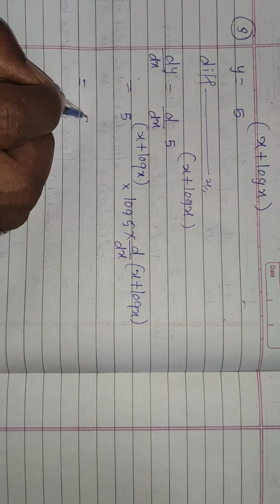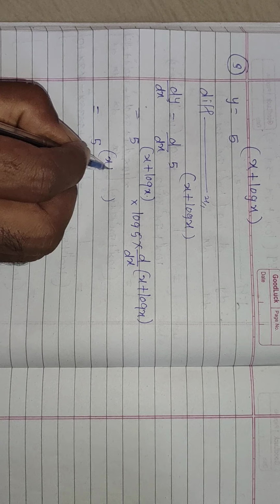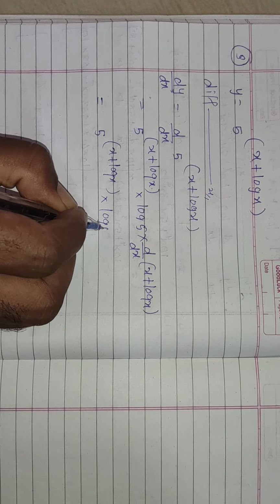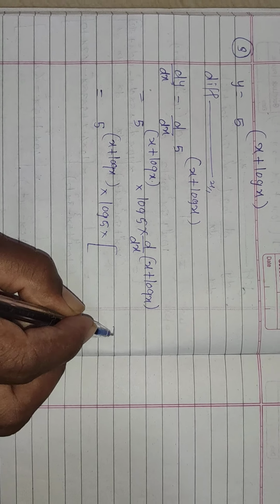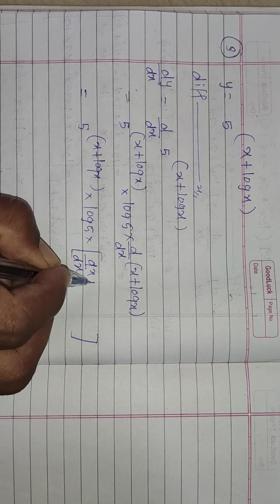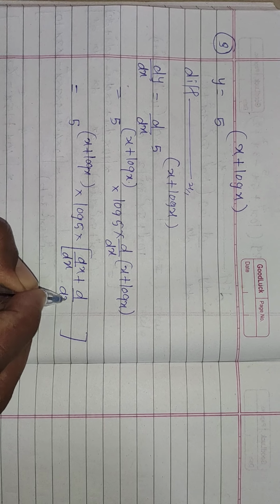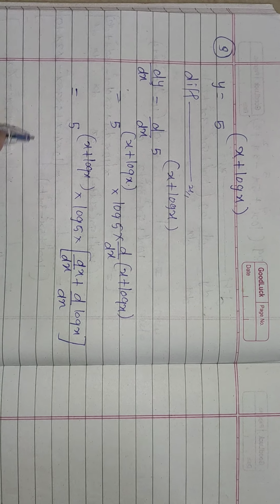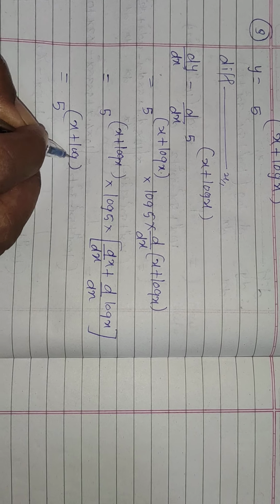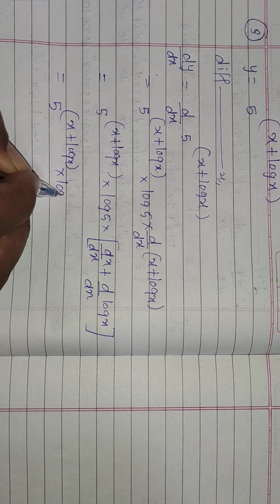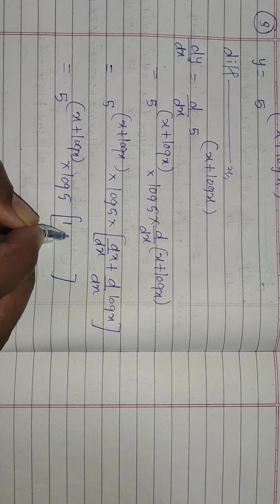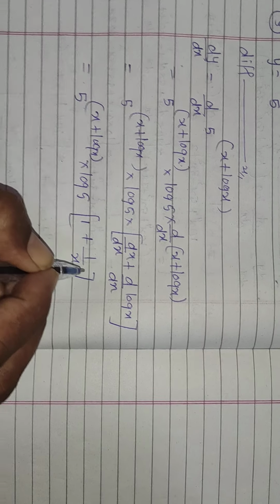Now 5 raised to x plus log x as it is, into log 5 as it is, into the separate derivative: d by dx of x plus d by dx of log x. Now the derivative of x is 1, and the derivative of log x is 1 upon x.